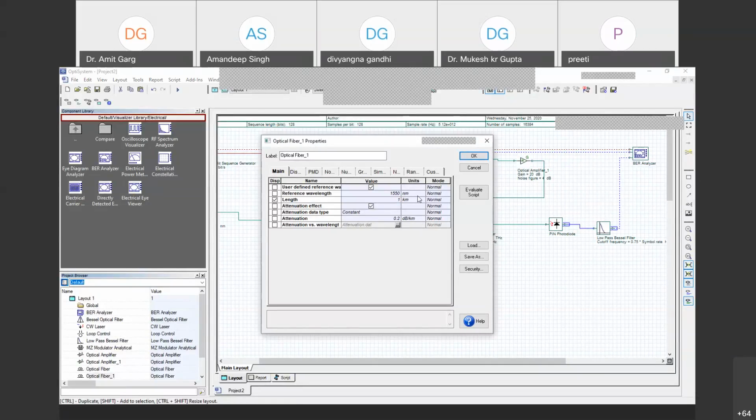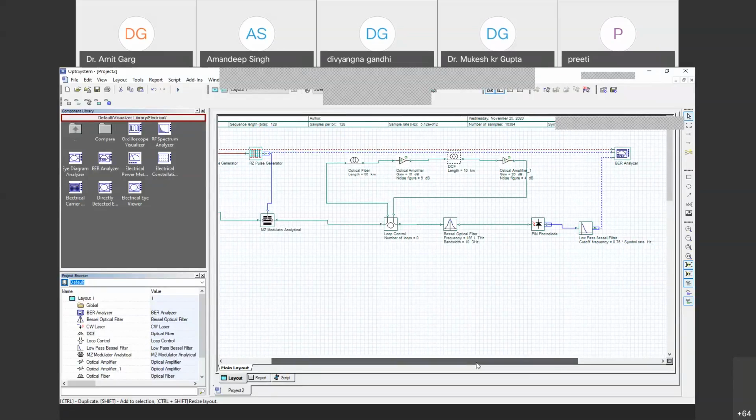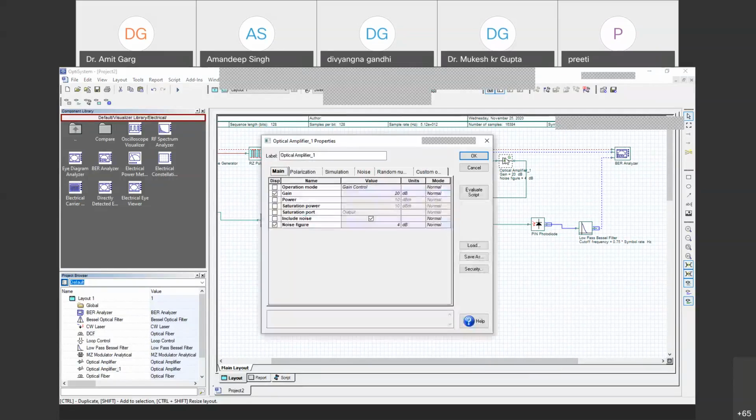So this will be changed to 10. This is basically a dispersion compensation by fiber. And the linear losses means this attenuation, 0.5. This.